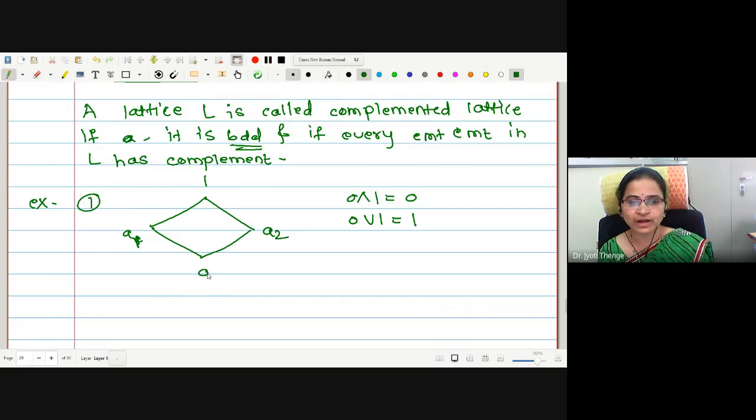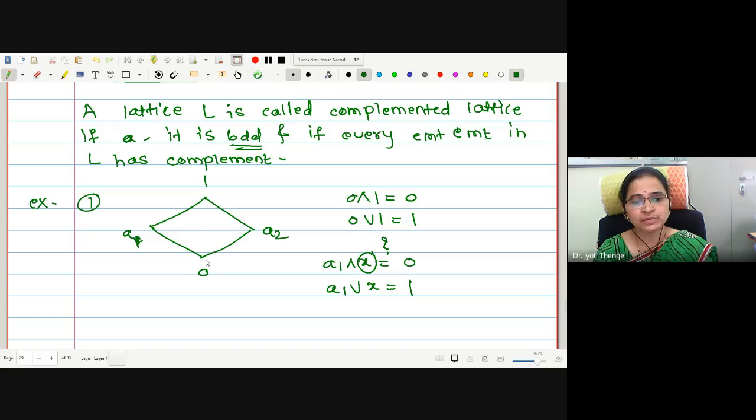Therefore, 0 and 1 are the complements of one another, rather unique complements of one another. What is the complement of A1? To find the complement of A1, we want to find one element X such that A1 meet X is 0 and A1 join X is 1. We have to find such an X.